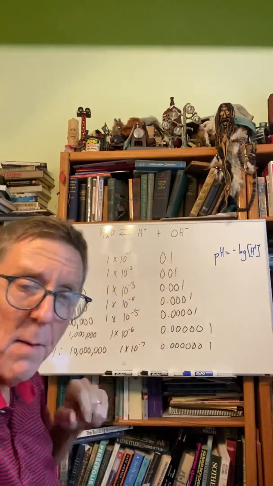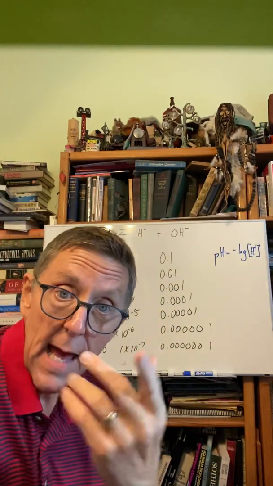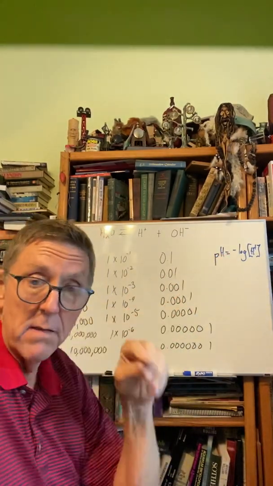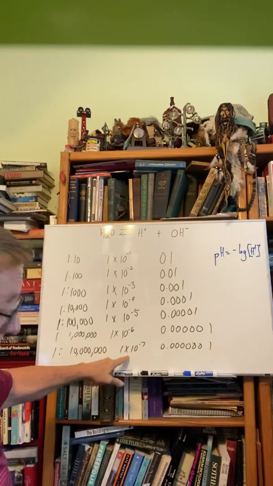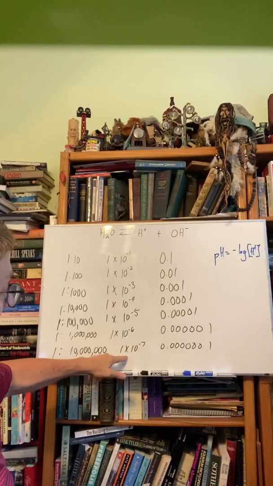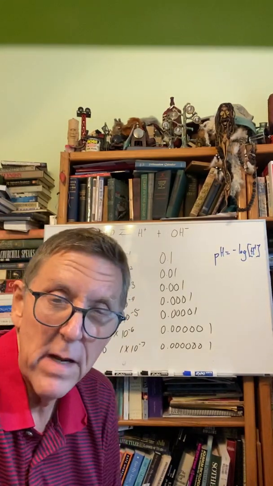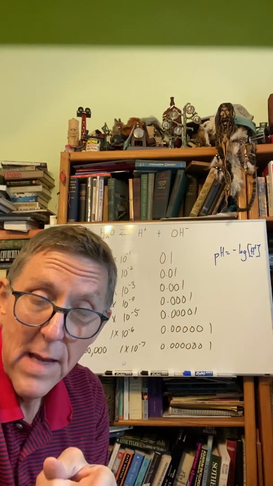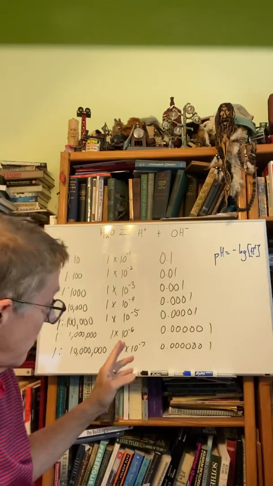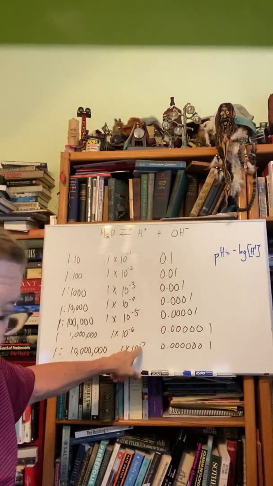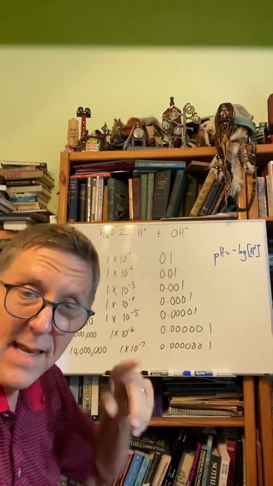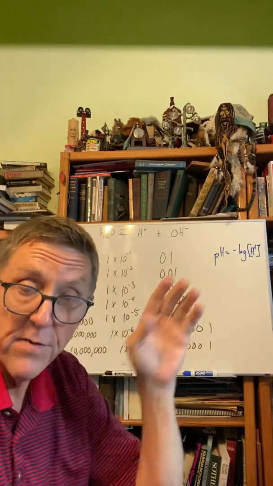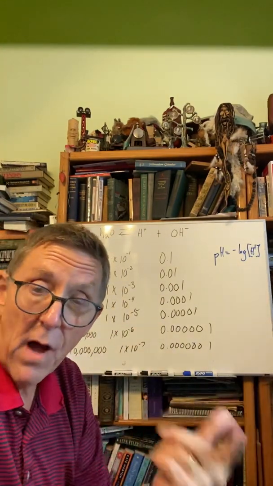So if we were to convert this to a pH, we had said the pH is the negative of the log of 1 times 10 to the negative 7. Negative times a negative is what? It's a positive, right? And it's the concentration. So if we change that exponent from a negative 7 to a positive, because by definition the pH scale is the negative log, it becomes a positive.